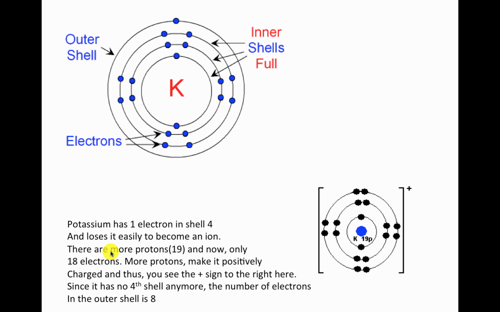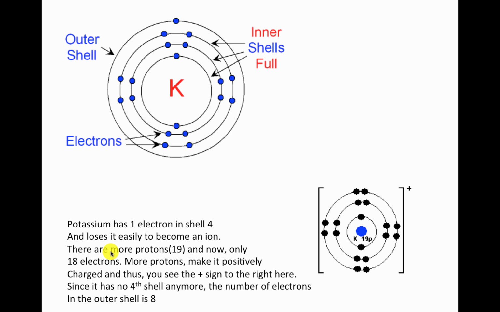Here's potassium with the shell model. In the upper left, it is showing you 1 electron in the last shell, the outer shell. It is not full. All of the inner shells are full. And that is how you build the shell model. The first shell around any atom can only have 2 electrons.